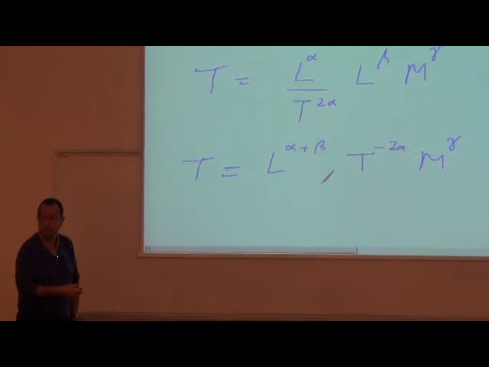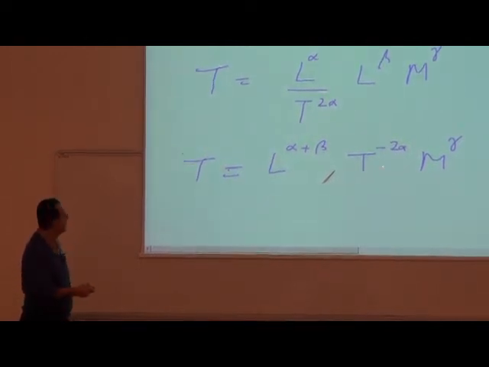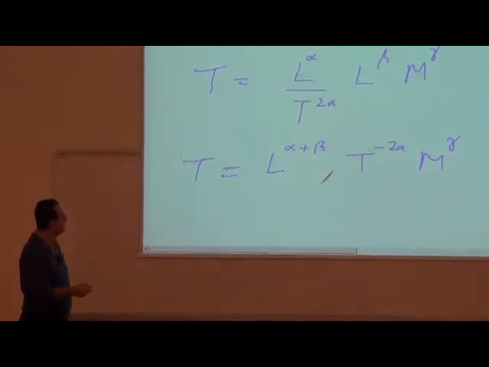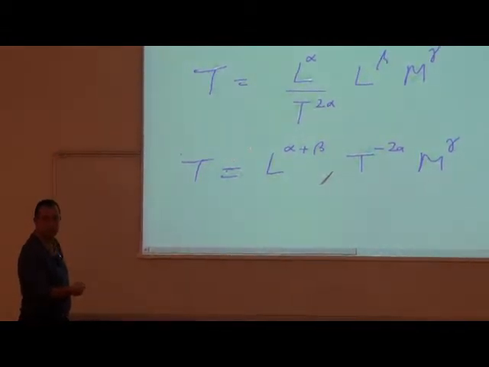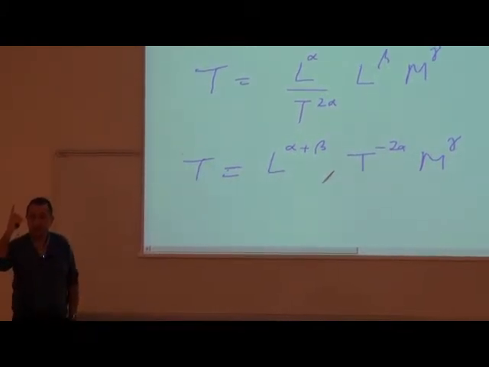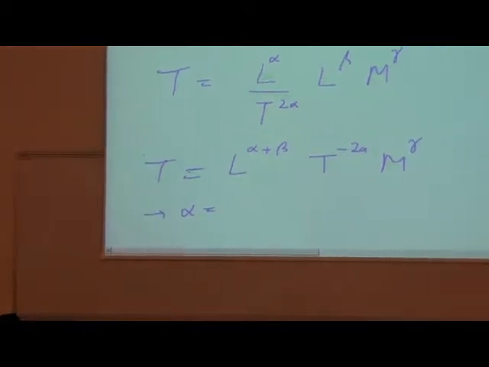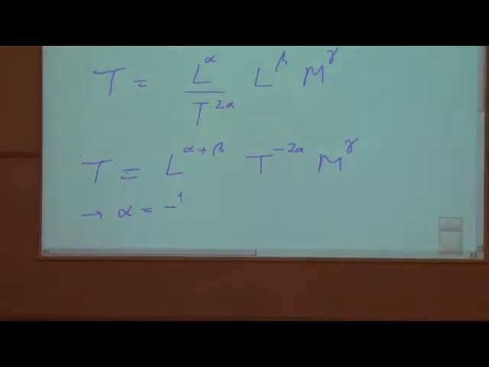Okay? So what is alpha? Here I have how many powers of T? Just 1. So minus 2 alpha is the same as 1. Yes, good. Okay. So alpha is minus 1/2.